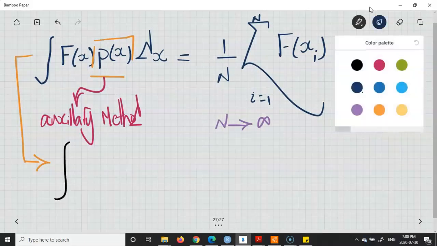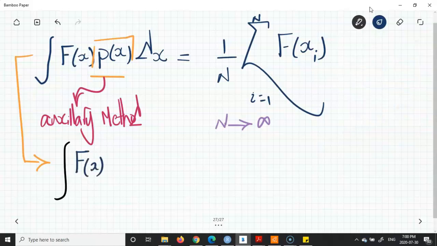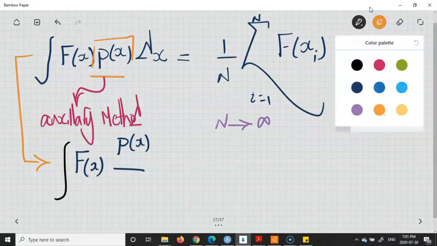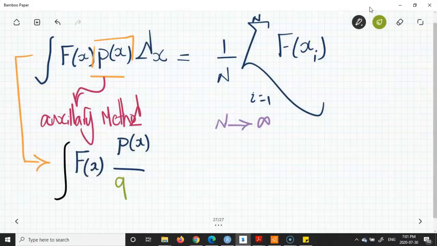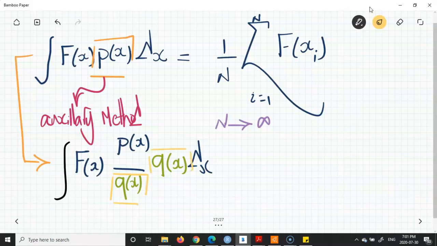We have our original f(x) and our own p(x). However, we now use an auxiliary distribution, which I'm going to call q(x). We multiply by q(x) at the numerator and divide by q(x) at the denominator, with the rest of the integral as before. This is not something bizarre: at the denominator we have an auxiliary distribution, which we call the proposal distribution, which has been multiplied at the numerator as well.